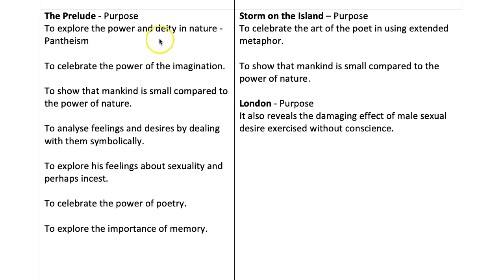And this kind of poetic language and poetic skill is what Wordsworth intends to show off in the Prelude as well. And then there's this central message to show that mankind is small compared to the power of nature. We could also argue that there is no God in this poem. Do you remember that line, "It's a great nothing that we fear"?